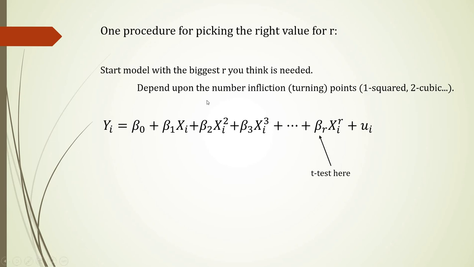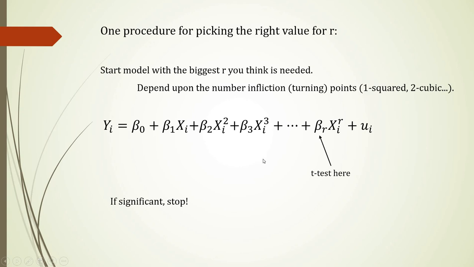Okay, so when you develop the first model, you will start the test at the highest independent variable with the highest polynomial term. If it is significant, then it needs to stay in the equation.